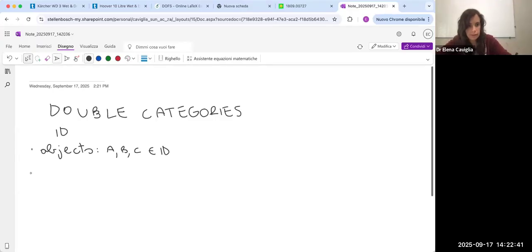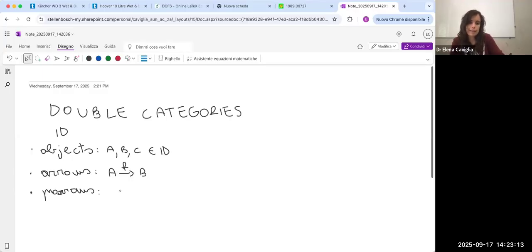Then it has arrows between objects, so from an object A to an object B, an arrow F. But then it has another kind of morphisms that we call pro-arrows.